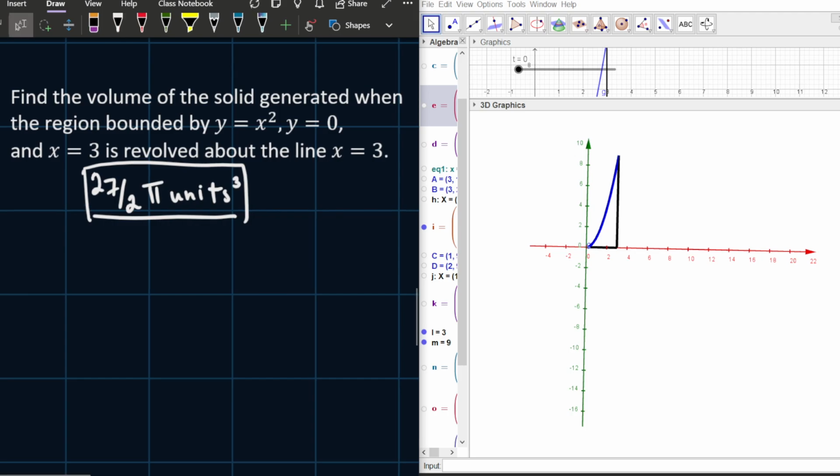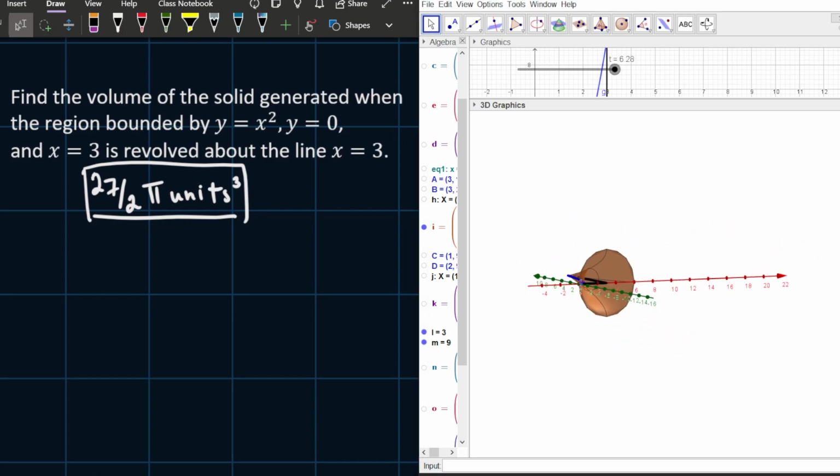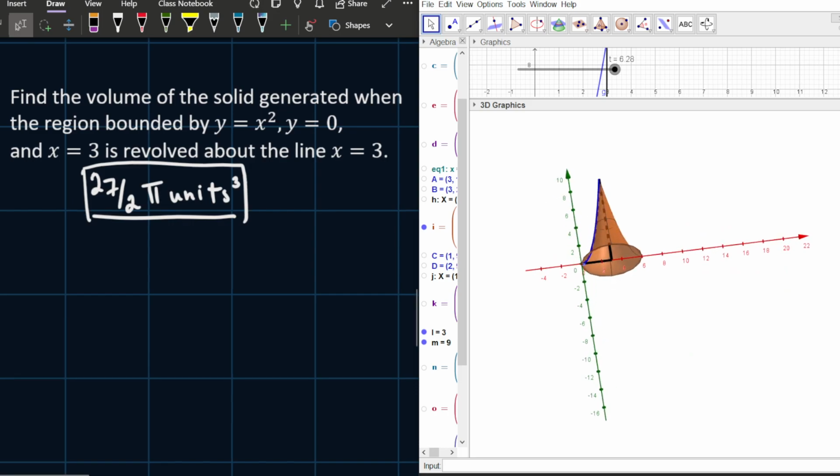Now, ito ulit yung itsura ng region. So, ito yung hahanapan natin ng volume. Okay, volume is equal to definite integral from a to b 2 pi, height, radius, thickness. Okay?